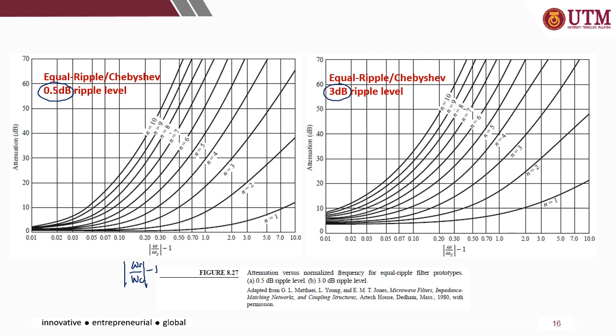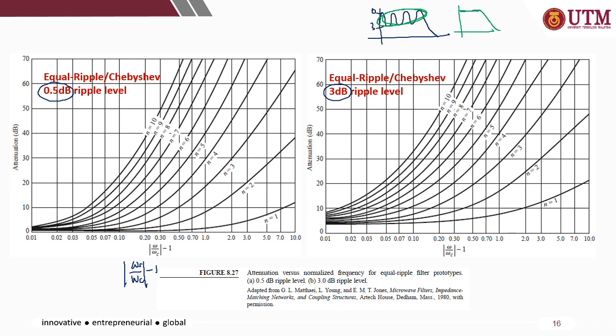So 3 dB ripple meaning that you have very high ripple factor. Okay, 0 to 3, meaning that about 50% of the power already being used to transmit the ripples signals here, in which basically most of the information could be just included in just a flat top one.